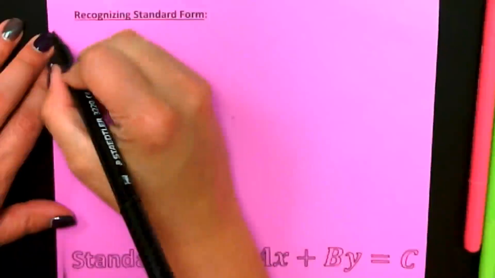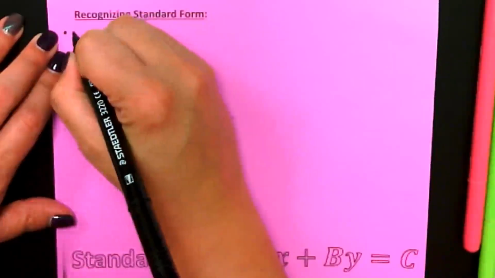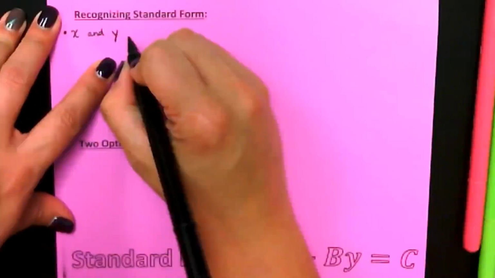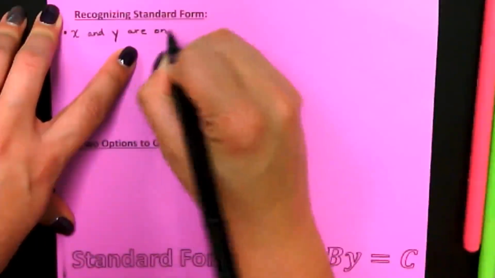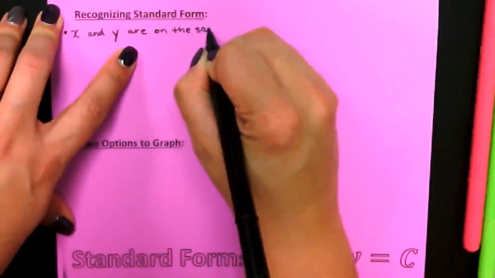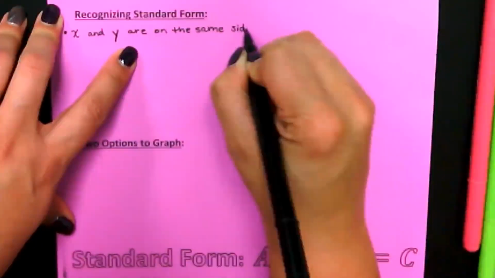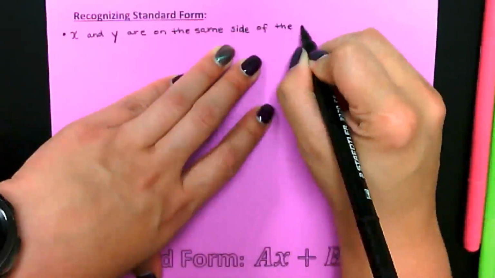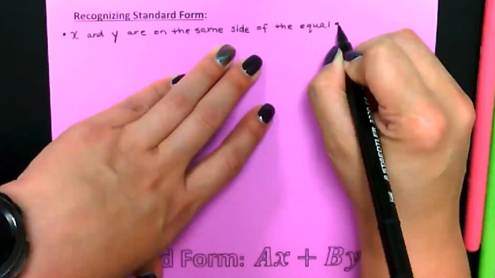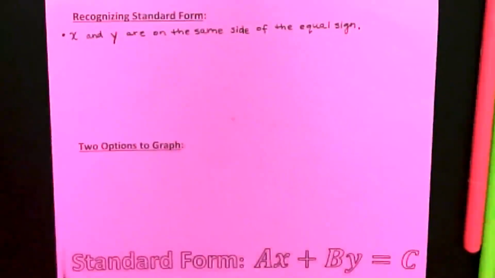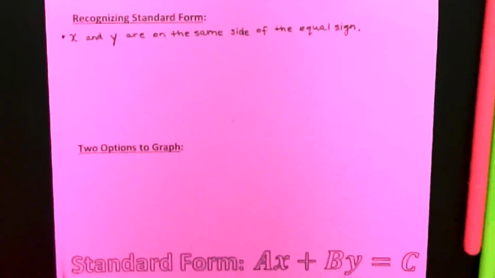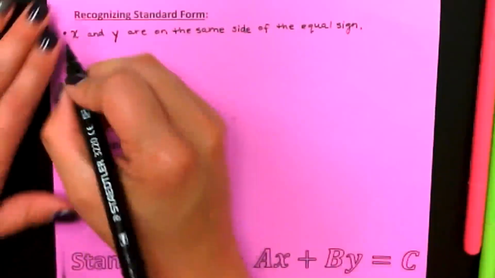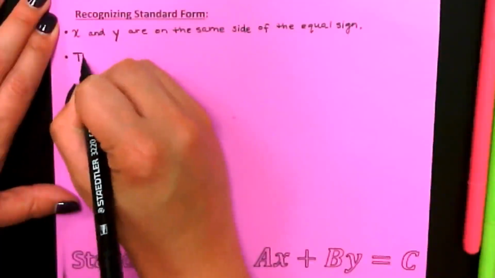So standard form: x and y are on the same side of the equal sign. And that's kind of different from before. Okay, so you'll notice x and y, they're right there. Just like I said. Okay, next.